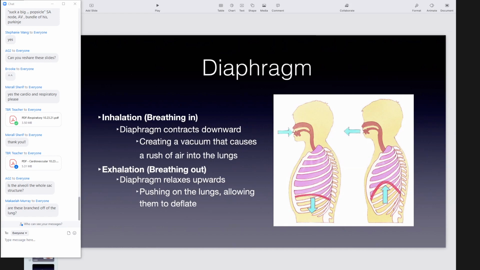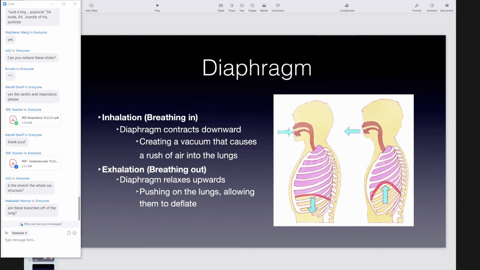When we breathe in, we increase the volume of our chest cavity, and when we increase the volume, we decrease the pressure. So the pressure inside our chest cavity is going to be less than atmospheric pressure. And so naturally, atmospheric pressure is going to push air into our lungs.